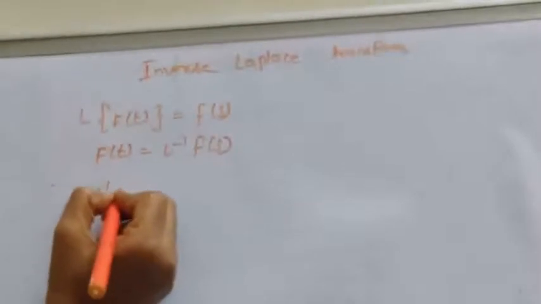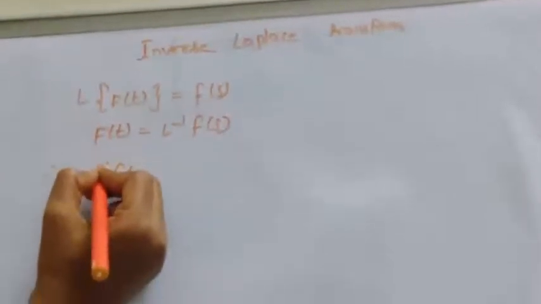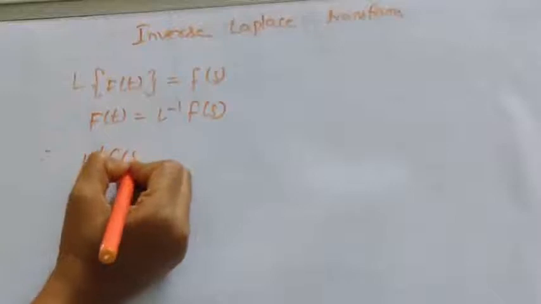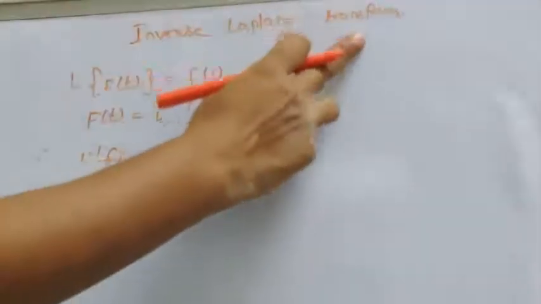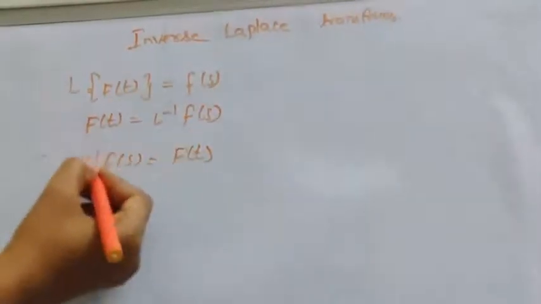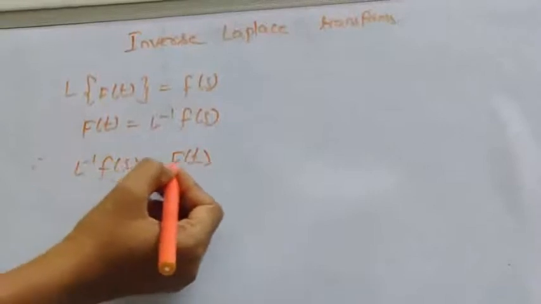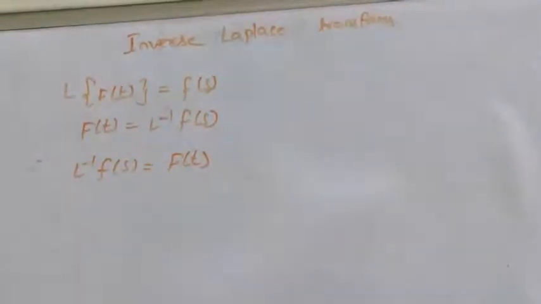So the concept is the inverse Laplace transform. Therefore L to the power of minus 1 of F of s is equal to f of t. That means the inverse Laplace transform is denoted by L inverse of F of s is equal to f of t.